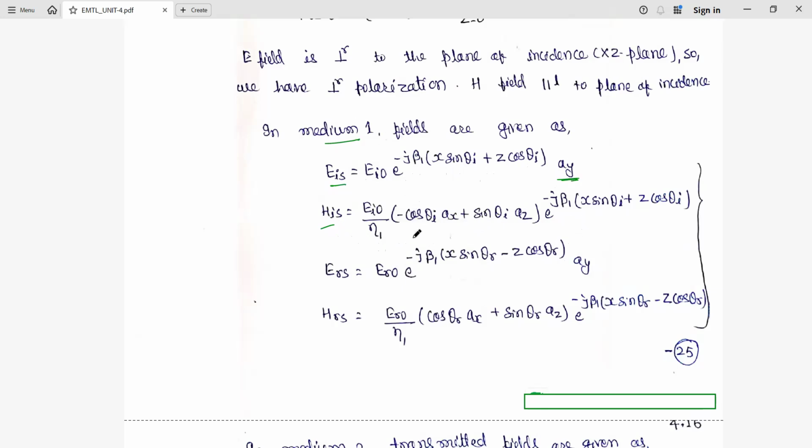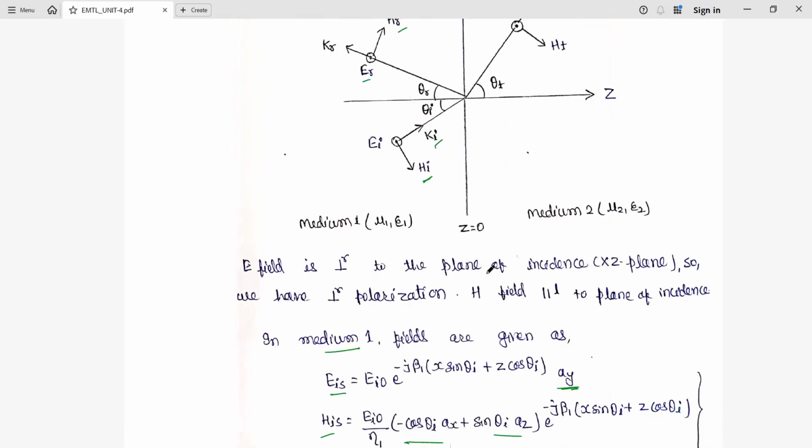Again, to see how we get these two factors, we can consider the situation where this is theta i, and this is Hi. Finally, this angle will be 90 minus theta i, and if you take the perpendicular, this is theta.